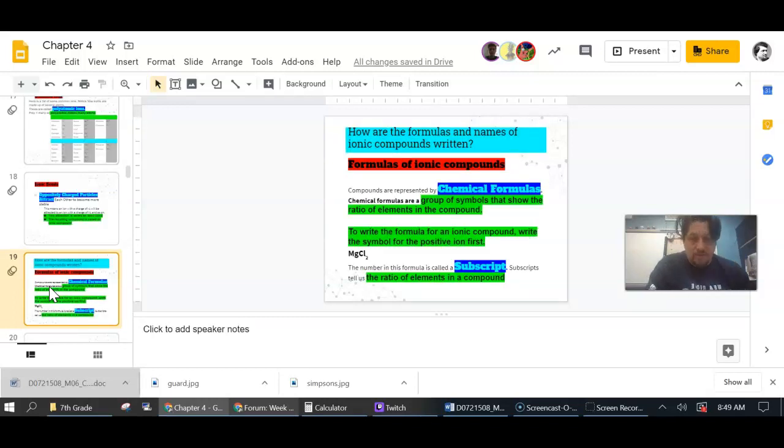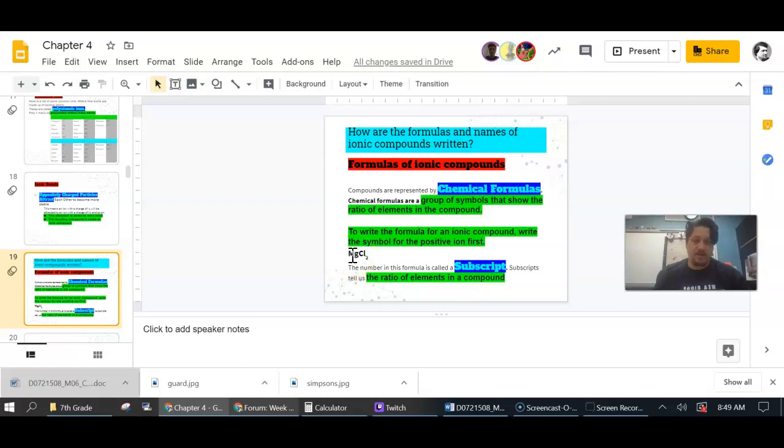Now, when we write these formulas, we always want to make sure we're showing the ratio, H2O. That's a covalent bond, but notice how it has the ratio, the 2 hydrogen to 1 oxygen there. To write the formula for these ionic compounds, we always write the symbol for the positive ion first, which means the metal will always be first in these.